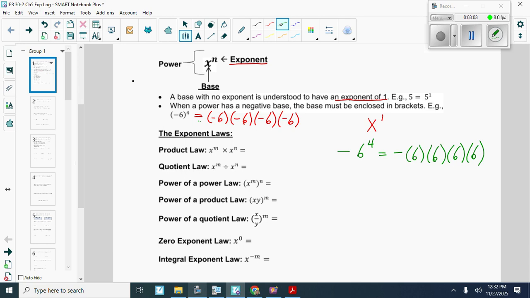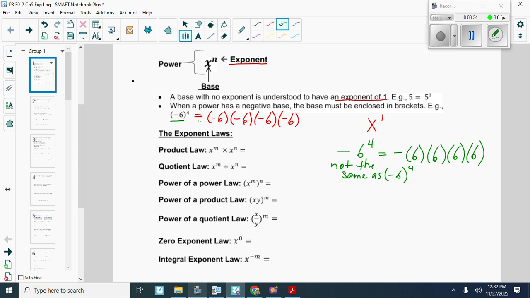If we have an even number of negative signs, our answer is positive. But here we have an odd number of negatives, so our answer is negative. So you would get the question wrong if you didn't put brackets around your number. So this is not the same as -6 with brackets. Just be mindful that if your base is negative, please put brackets around it.